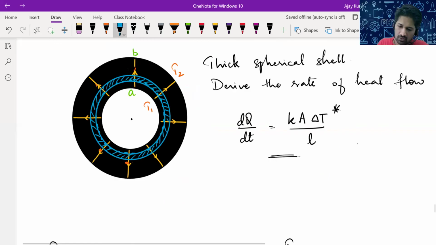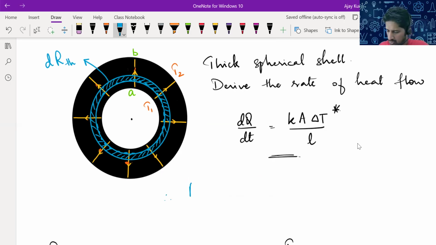Okay. So what we are going to do is find out the thermal resistance of this layer. And since it's a very thin layer, it will have a small thermal resistance. We'll have to call it dr. And many such thermal resistors are in series. Therefore, total thermal resistance will be the summation of all these drs. Okay, summation means integration.